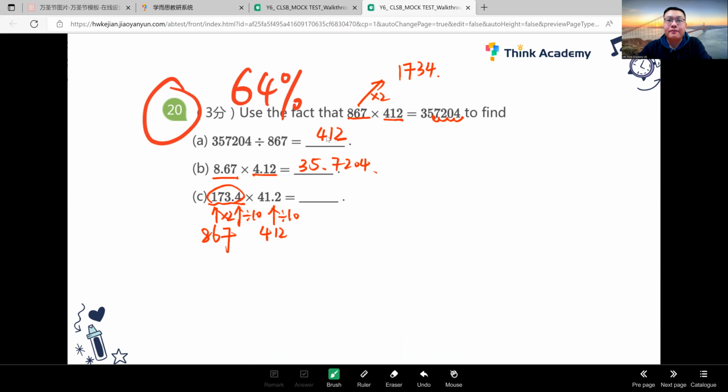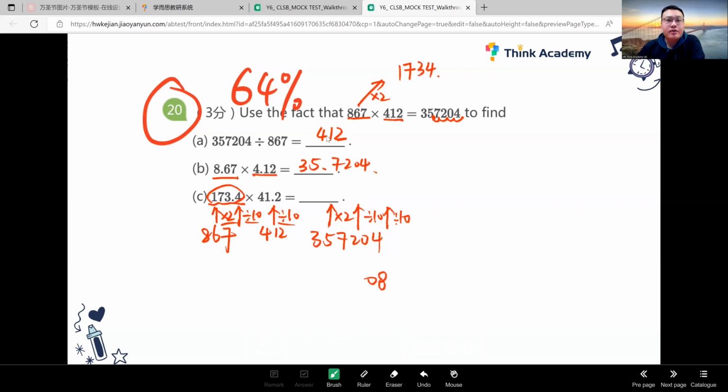So as for the answer, which is 35724, 7204. So you're going to repeat these 1, 2, 3 operations to get it. That will be times by 2 first, and then divide by 10, and then divide by 10. Let's see, if this number times by 2, what do you get?